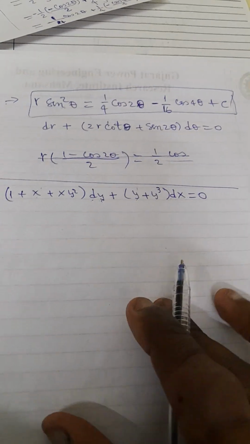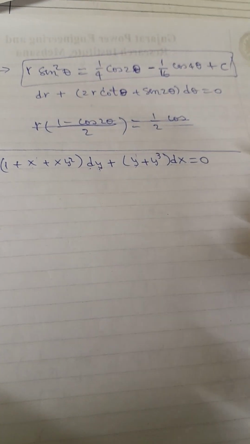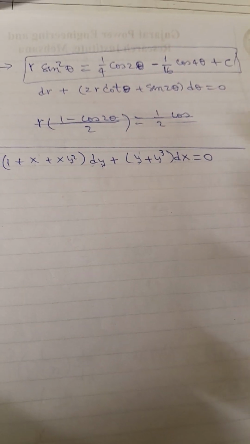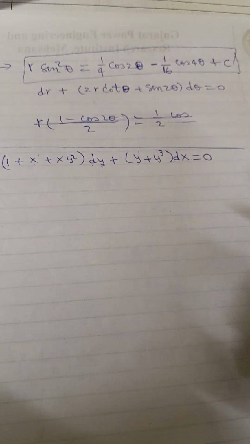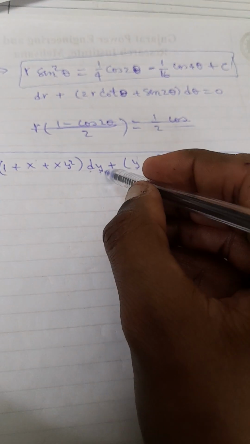So this is a linear differential equation, and it will be solved taking x as the dependent variable. We will solve for the derivative of x with respect to y.